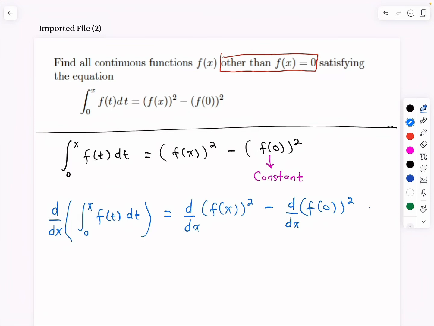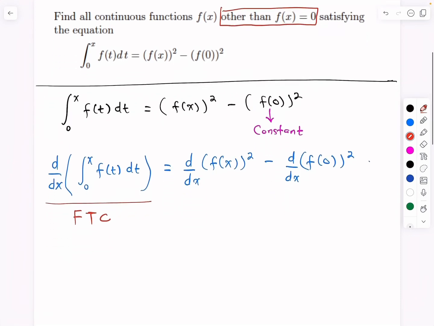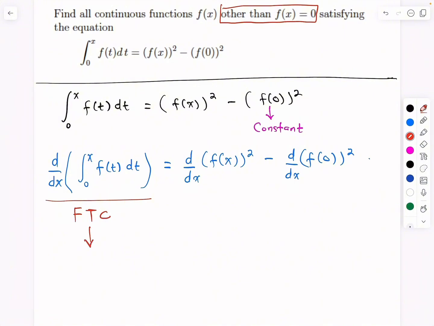Now we apply the fundamental theorem of calculus to what we have on the left-hand side. Applying it, we get f of x on the left-hand side, and this equals the derivative of the right side, which is like applying the chain rule.